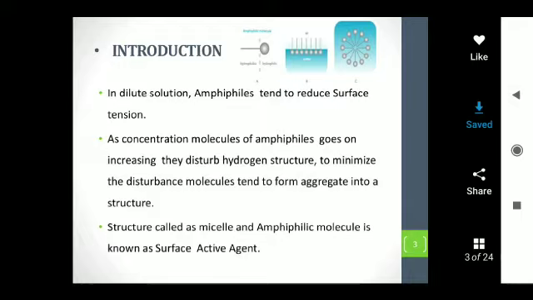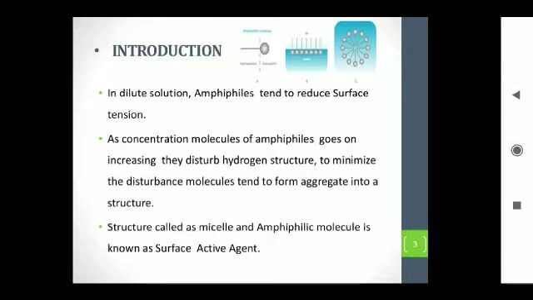A further increase in concentration causes the molecules to aggregate into micelles. This concentration is called the critical micelle concentration.